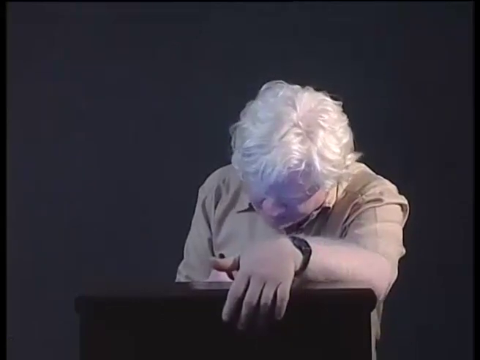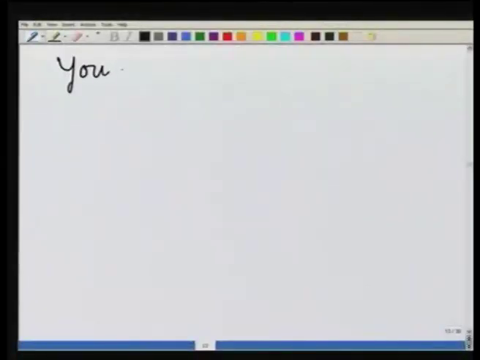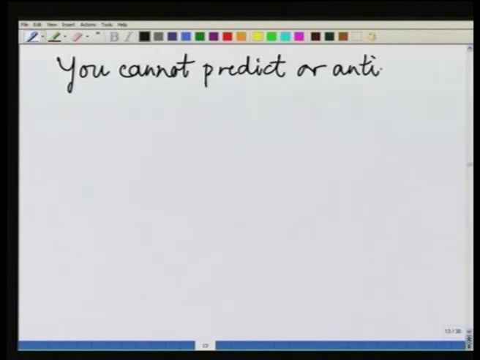It is a simple assertion of a well known fact about the real world, that you cannot predict or anticipate the future.